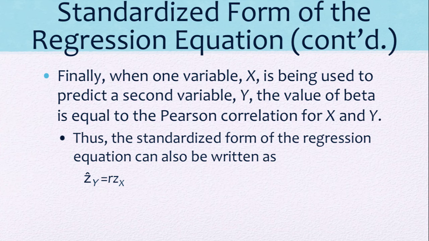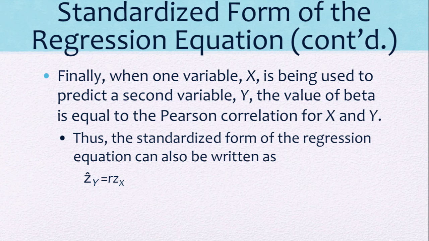And so finally, when one variable x is being used to predict a second variable y, the value of beta is equal to the Pearson correlation for x and y. And this is only for the standardized form of the regression equation.